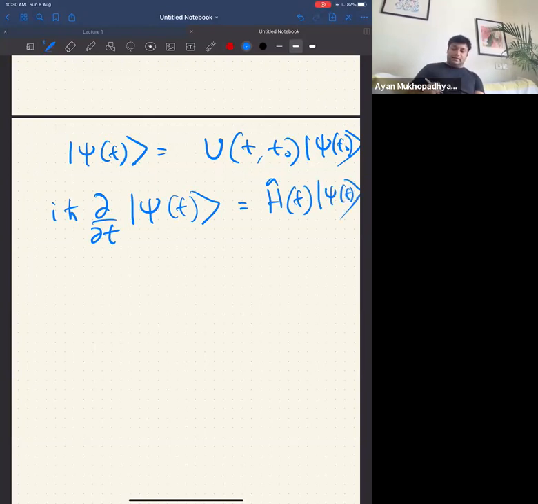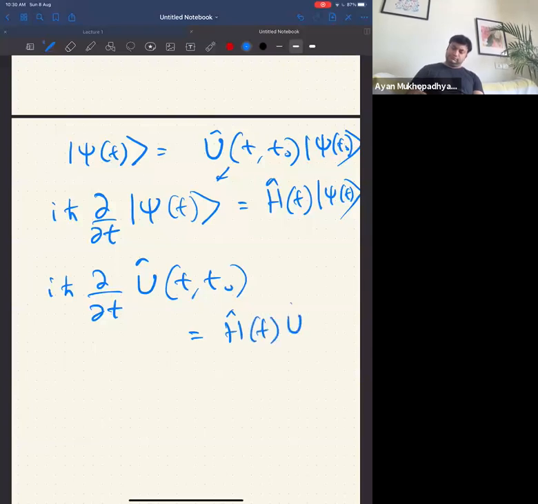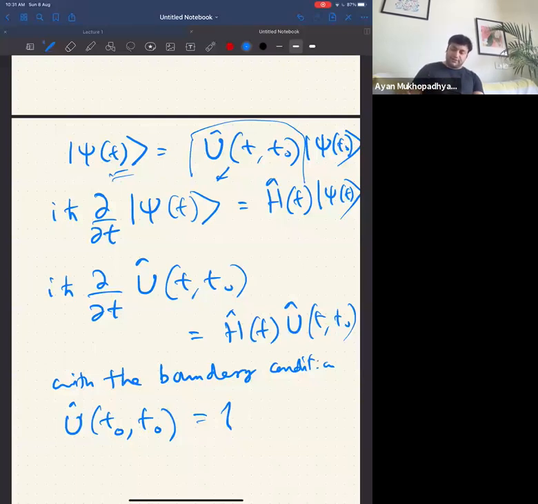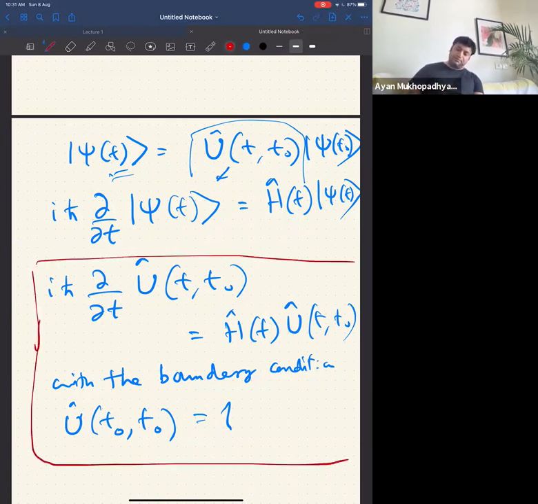Which means that if I substitute this here, I get an equation for simply the time evolution operator, which is of this form, with the boundary condition U(t0, t0) equals the identity. Because when I put t equal to t0, then U(t, t0) should reduce to the identity; if t is equal to t0, the left and right hand sides should agree. Therefore U has to be the identity. So basically, I get this equation for the time evolution operator.